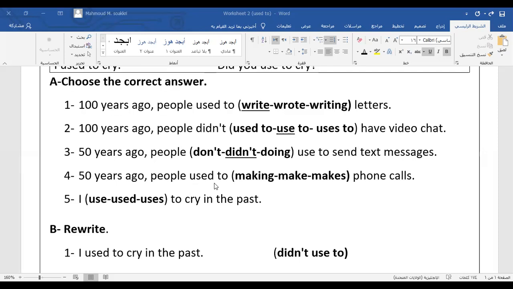The answer, please. Make. Thank you, that's right. As Asher said, students, we use "make" because make is verb 1. Thank you, Asher.